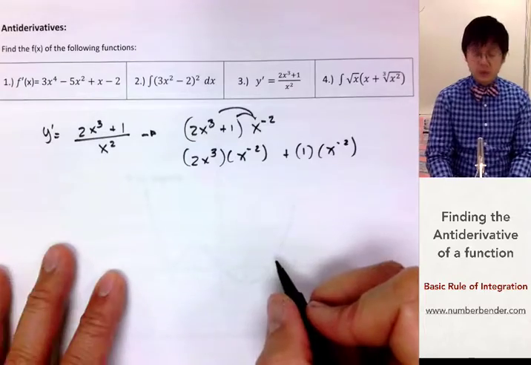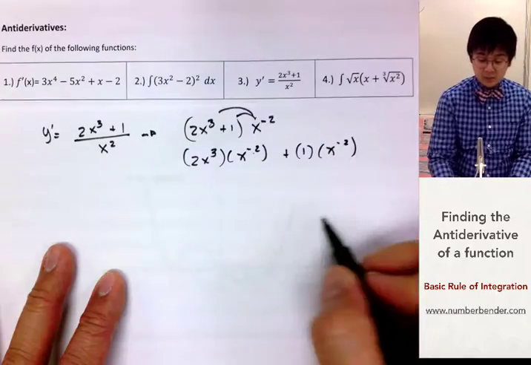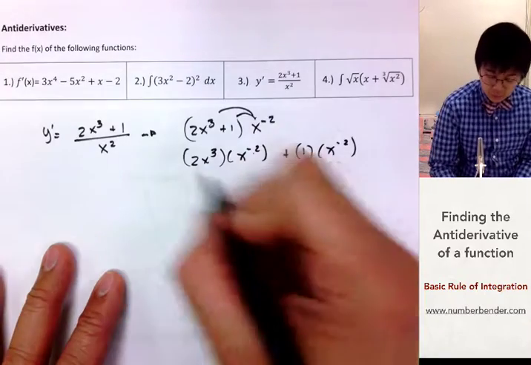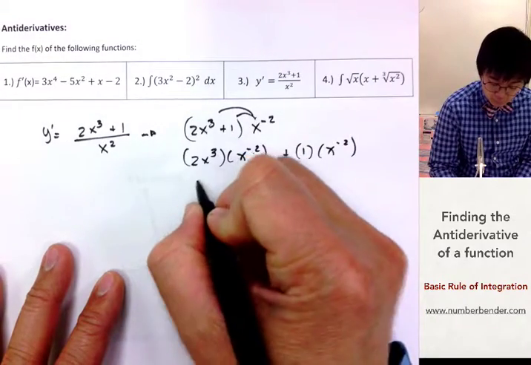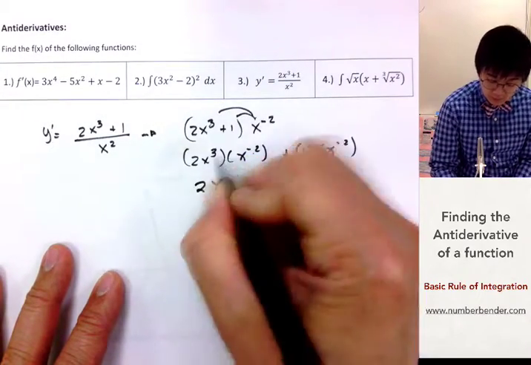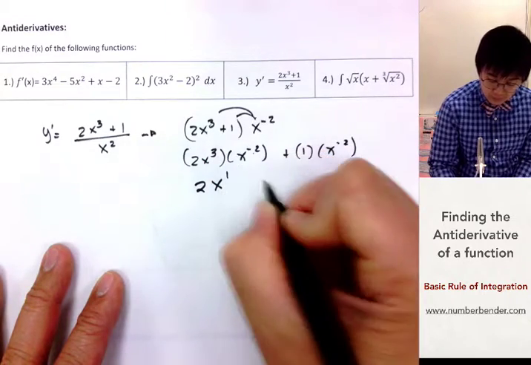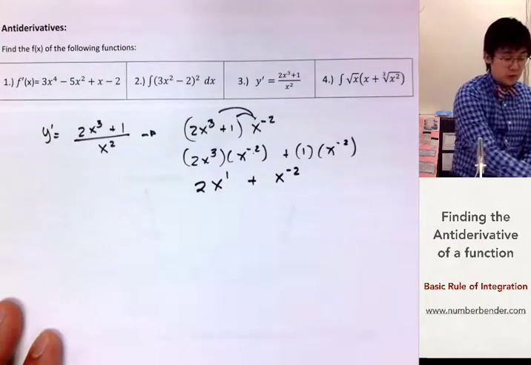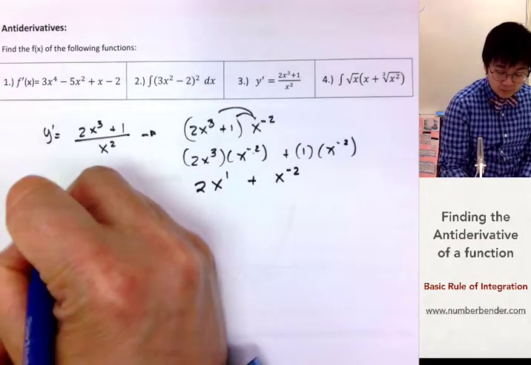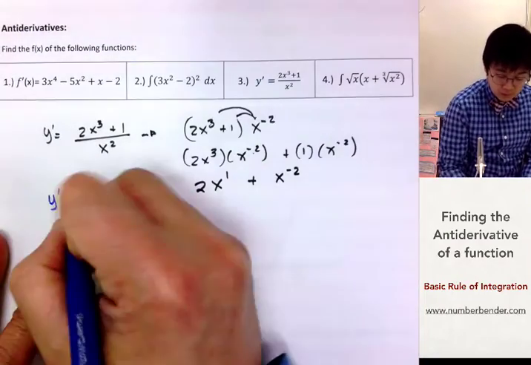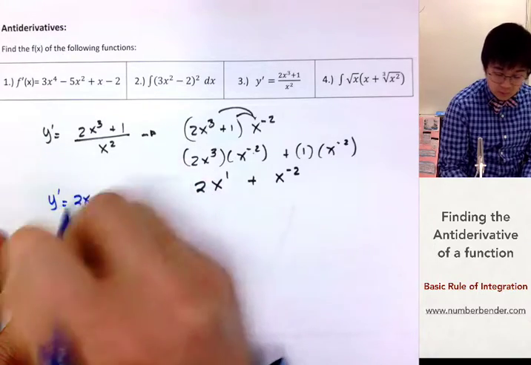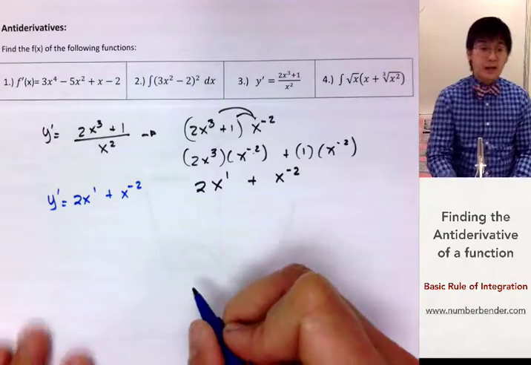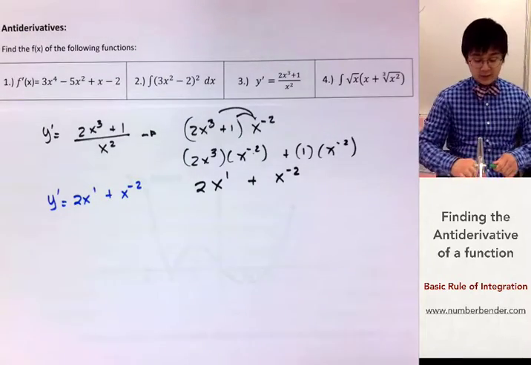By the law of exponents, we can add the exponents of the same variable, so it's 2x to the 3 minus 2, which is 1, plus x to the negative 2. Our new function is y prime equals 2x to the 1 plus x to the negative 2. Now we're ready to find its antiderivative.